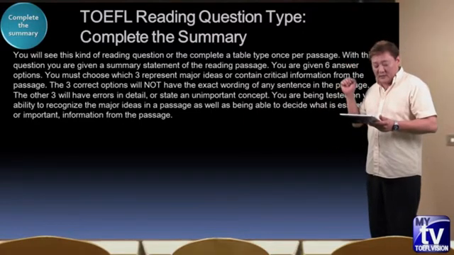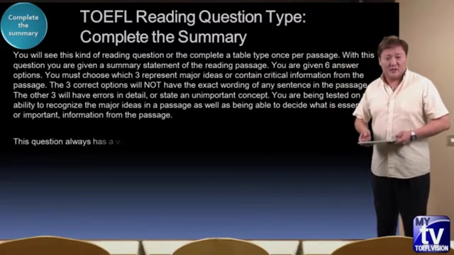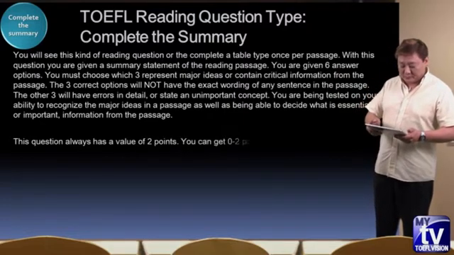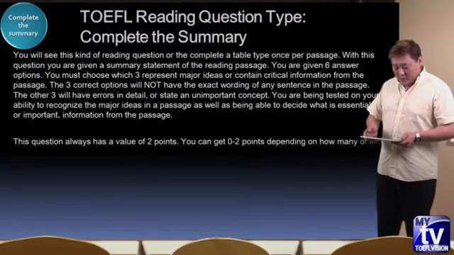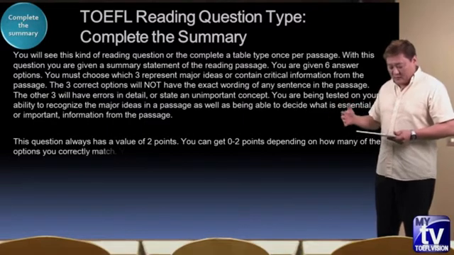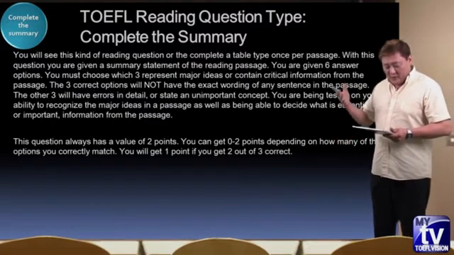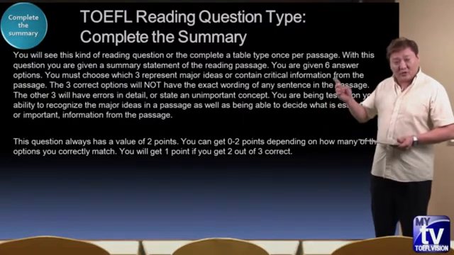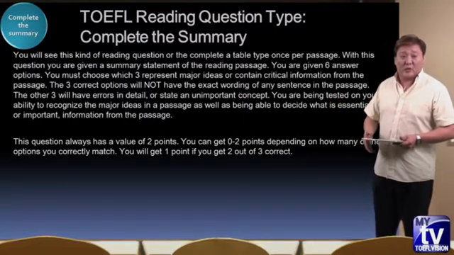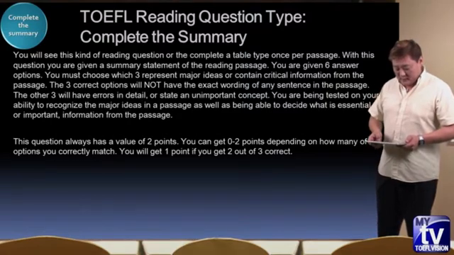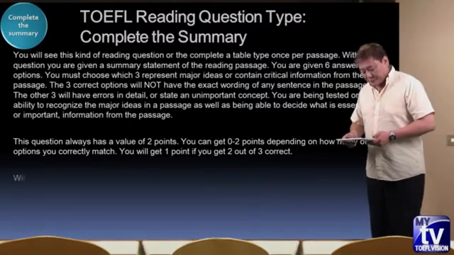This type of question is worth about 2 points. You can get 0 to 2 points depending on how many options you get right. You get 1 point if you get 2 out of the 3. You'll get 0 if you only get 1 correct.